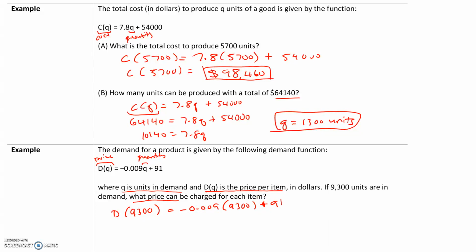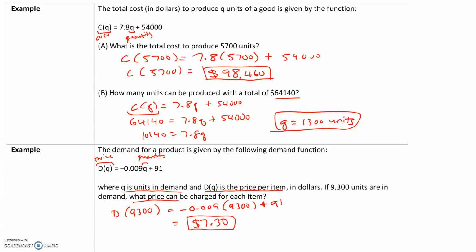Okay, if we put this in a calculator, we get that the price of each item is $7.30. So this means if we charge $7.30, we will be able to sell 9,300 units of this item.